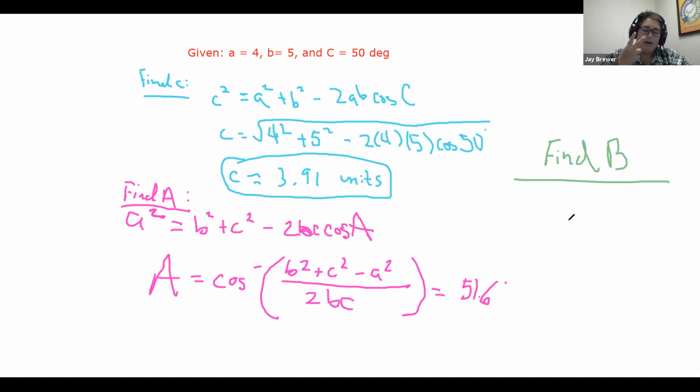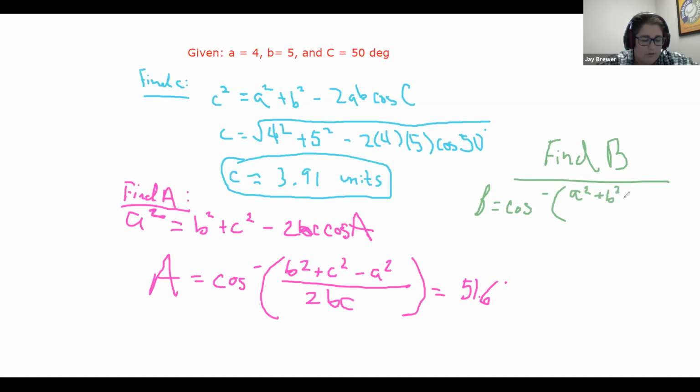We do have 2 out of our 3 angles, so we could subtract them from 180. However, because this is the law of cosines section and you are learning the law of cosines for the first time, they do have us go through and use the law of cosines. You can choose not to.